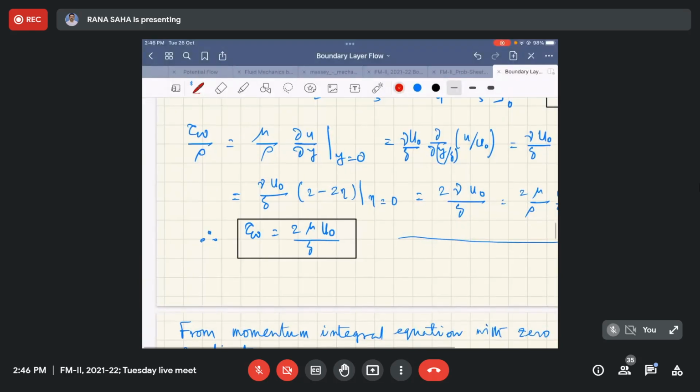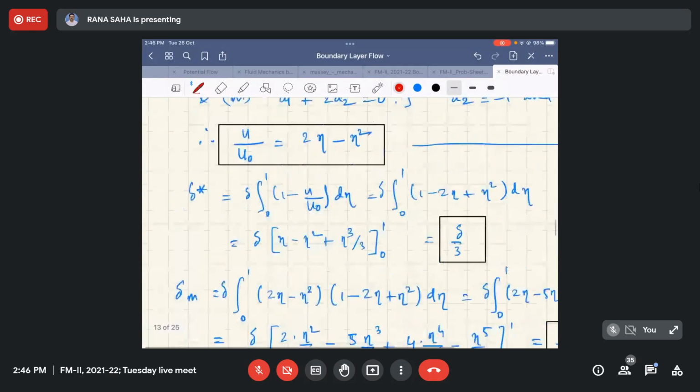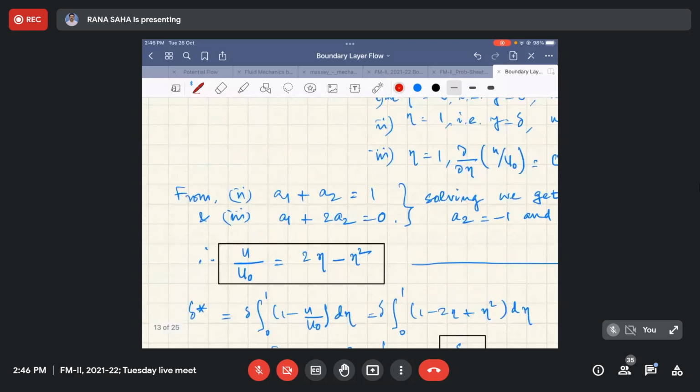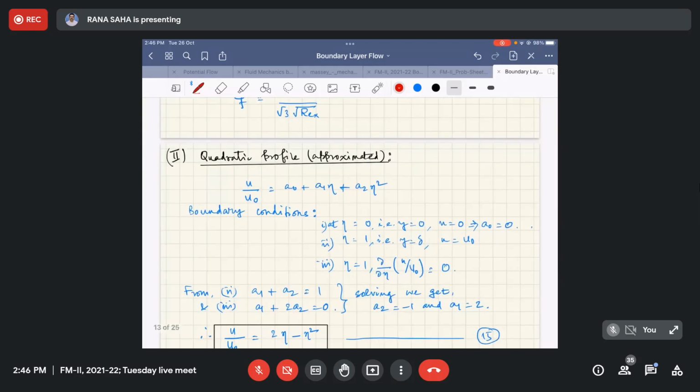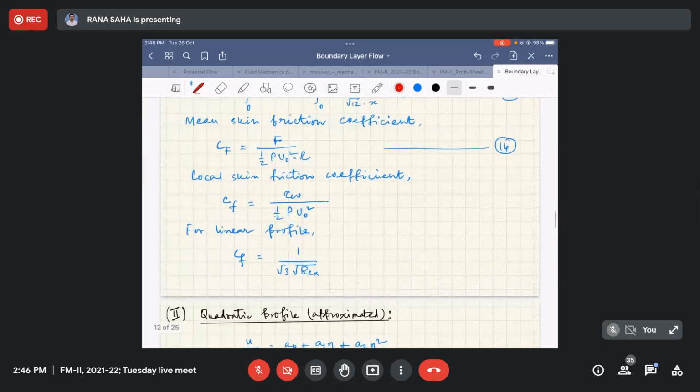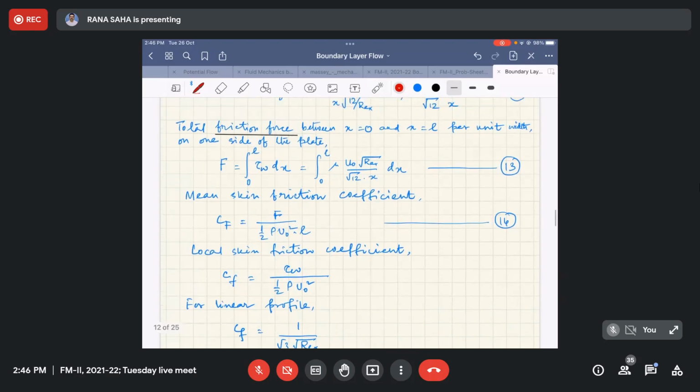So these are the different ways by which, for a more realistic flow, we can get the shear stress at the wall.